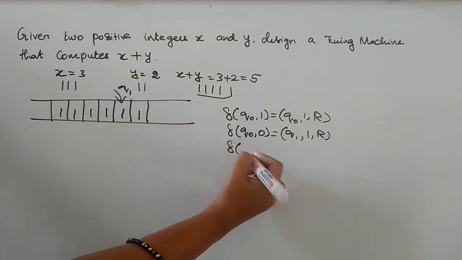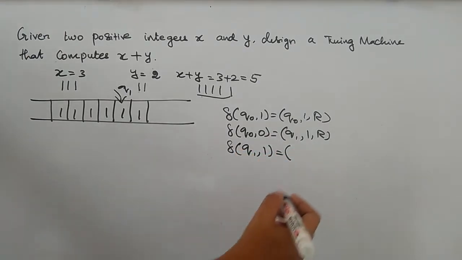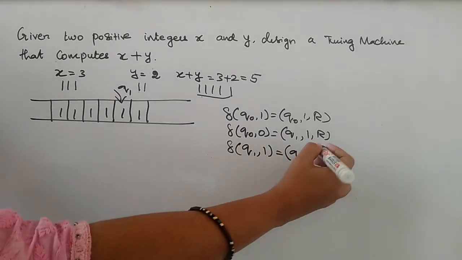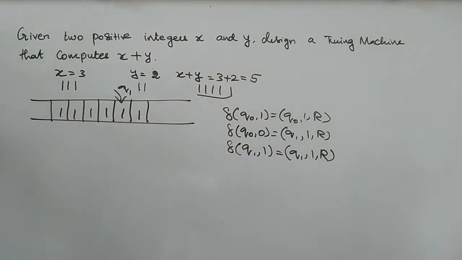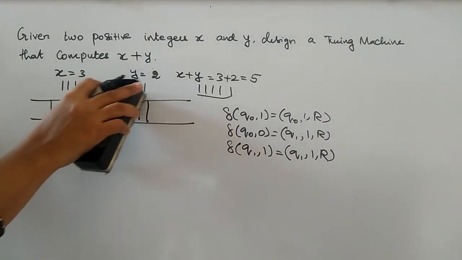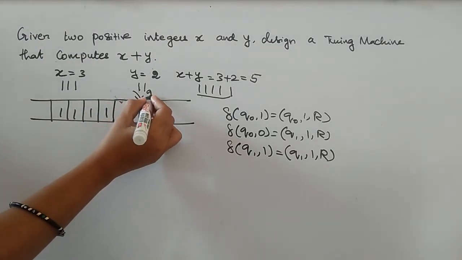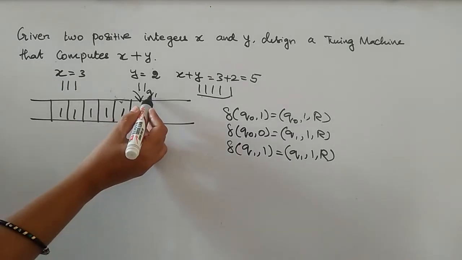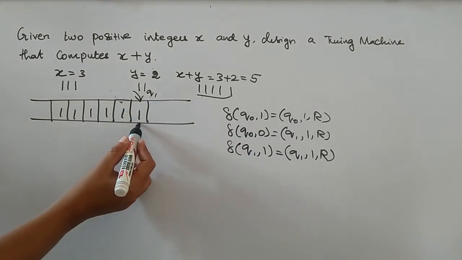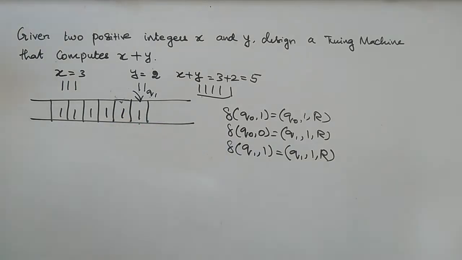So here we can write delta of Q1 comma 1 equals Q1 comma 1 comma R. There will be no change in the tape, but simply the read-write pointer will be moved towards the right. As per this transition, if the machine is in the state Q1 and it is pointing to 1, the read-write head will be moved towards the right.